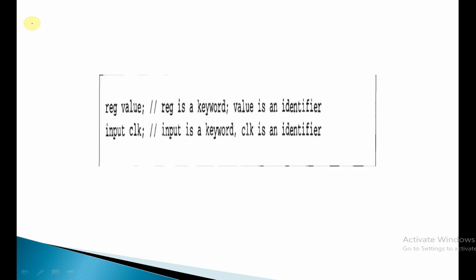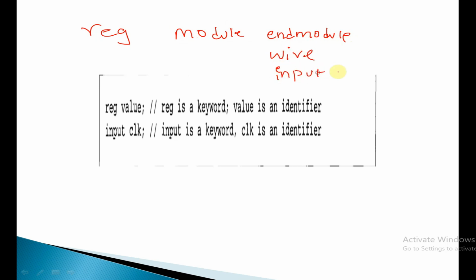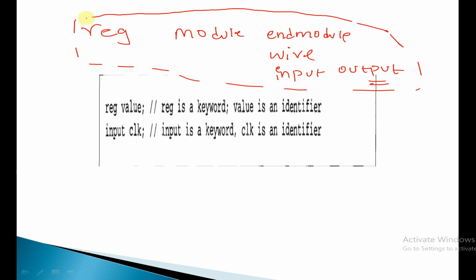Let's say reg is a keyword, and module is one more keyword, endmodule, wire, input, output. These are all keywords, so they should not be used when you are declaring your variable names.